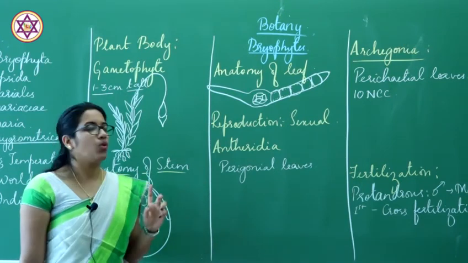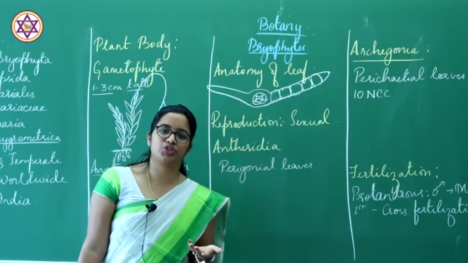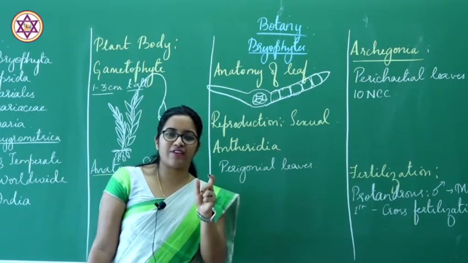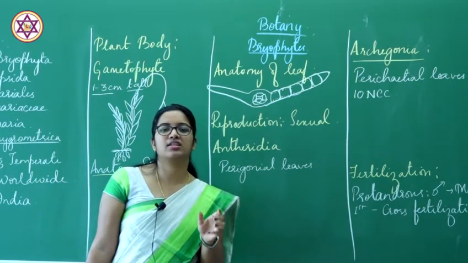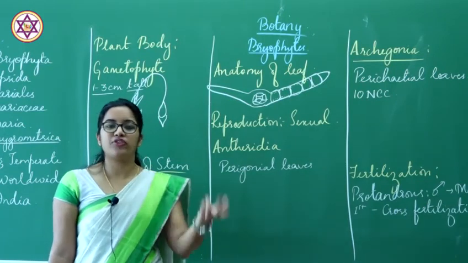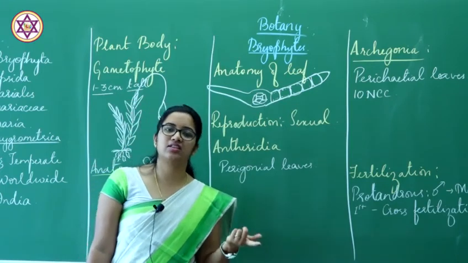The same plant consists of both. They can be monoecious or dioecious in nature. When they have two sex organs on the same plant, still they do not self fertilize, they go for cross fertilization. They are going to fertilize another plant.